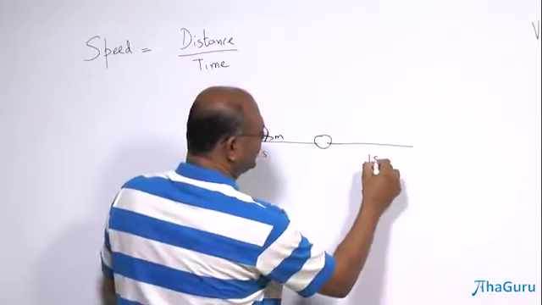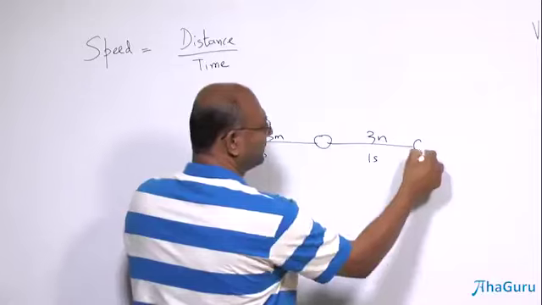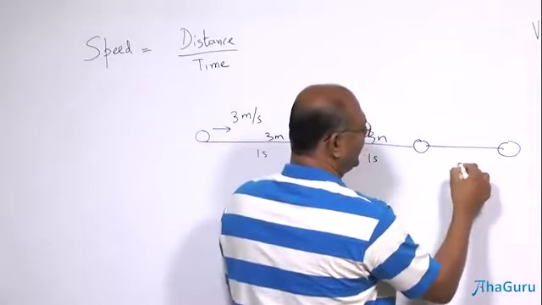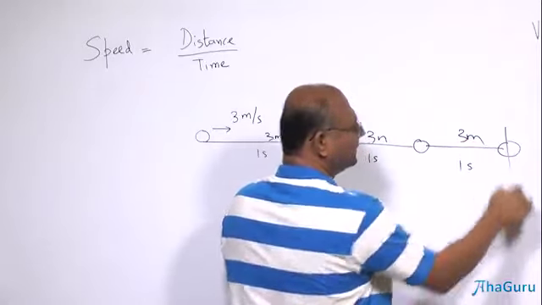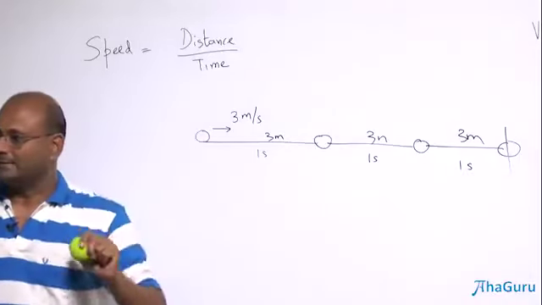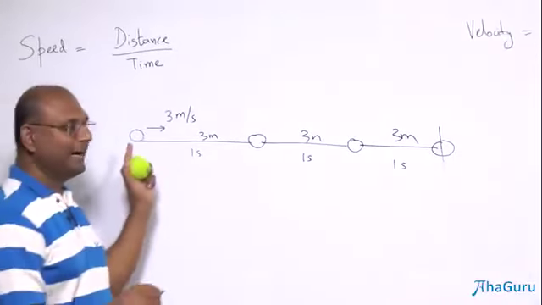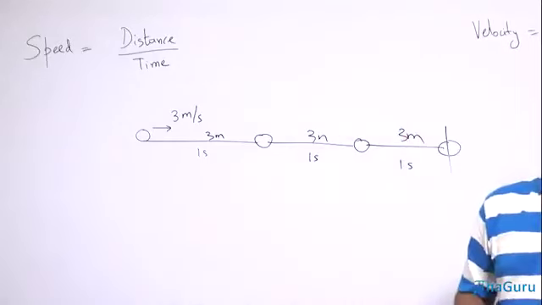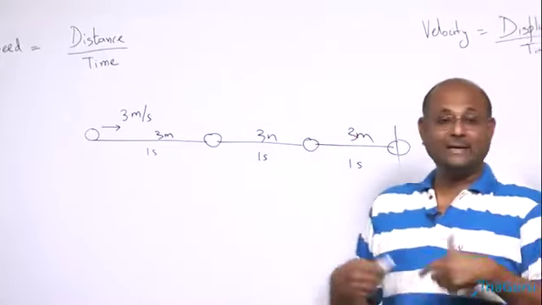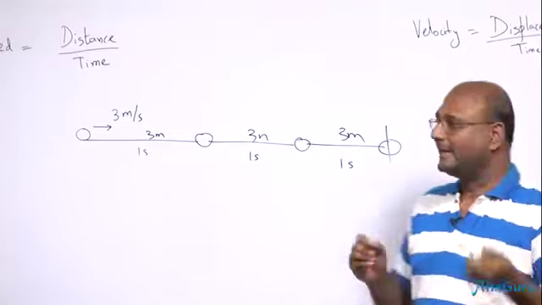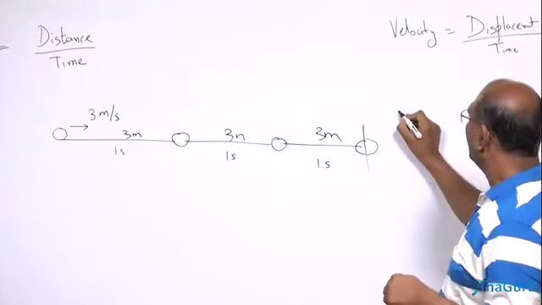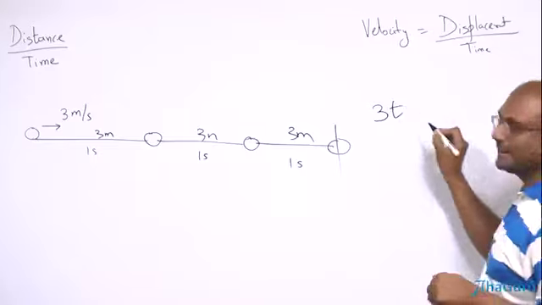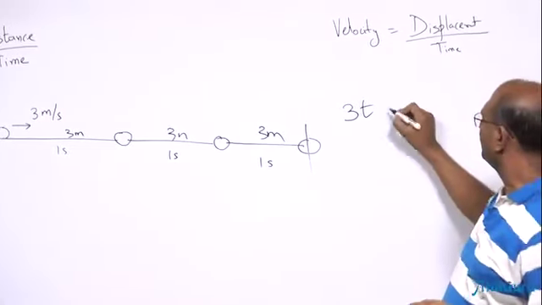In 1 more second it moves 3. And then 1 more second, let's say it moves 3. So it has moved 9 meters in 3 seconds, 12 meters in 4 seconds, and in 10 seconds, 30 meters. In t seconds, 3t. So it's going to move 3t meters in t seconds.